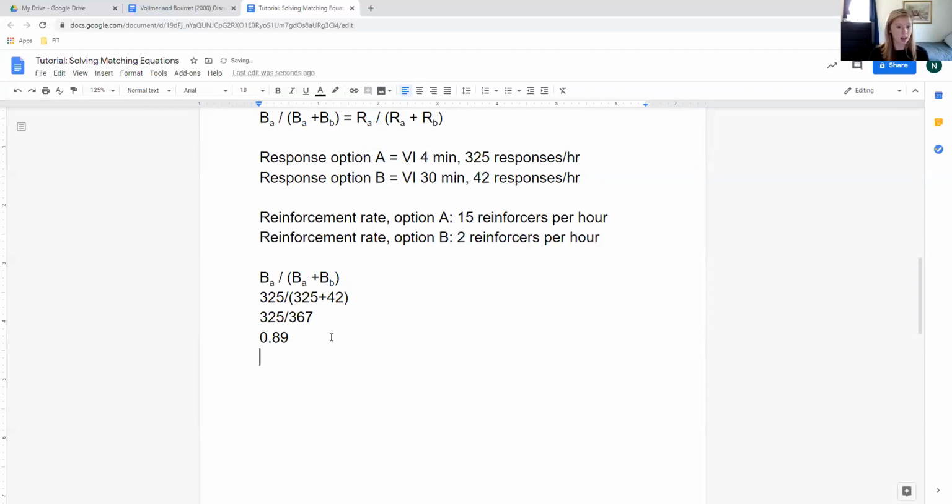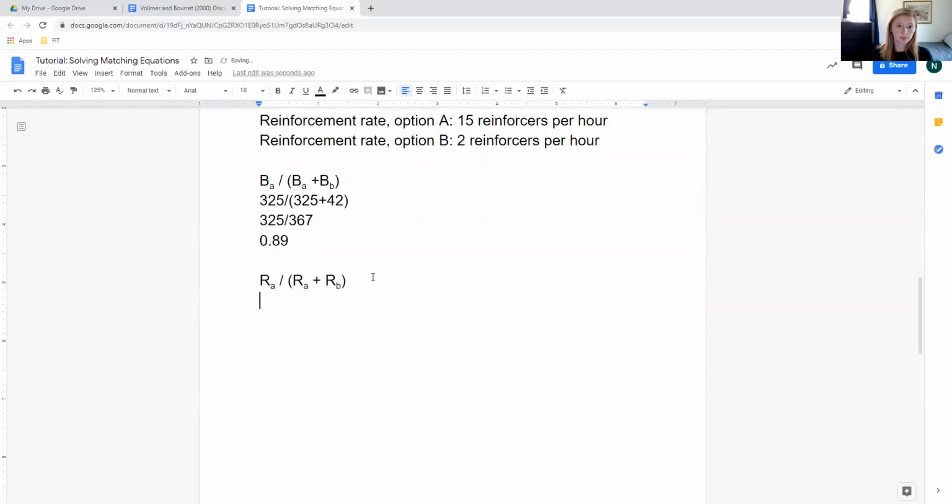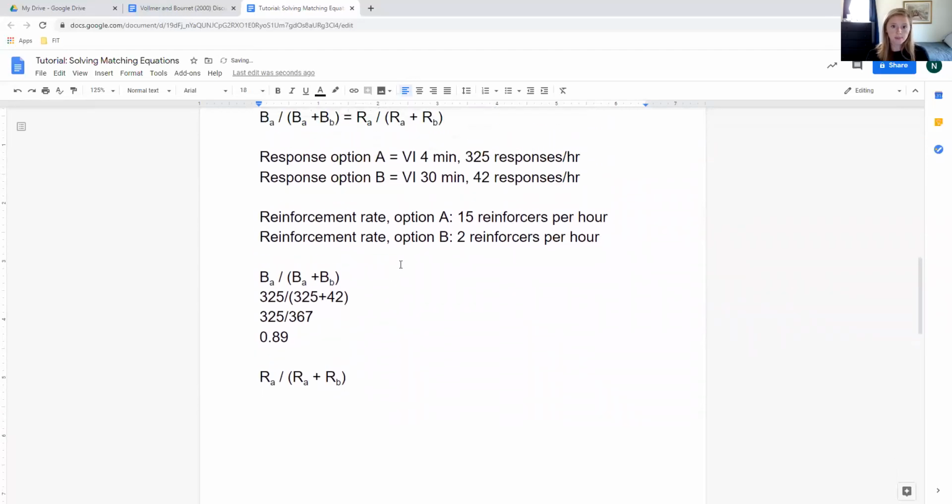Let's see if that aligns with the reinforcement that's available on option A. Similar to usual, first step, substitute those variables. We're looking at the reinforcement rate.